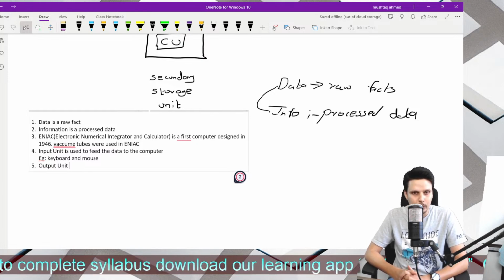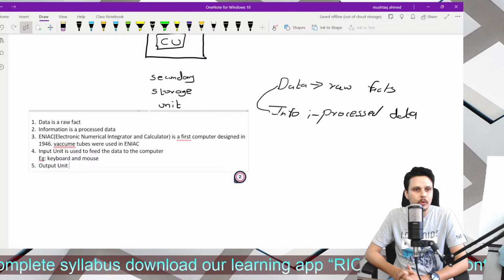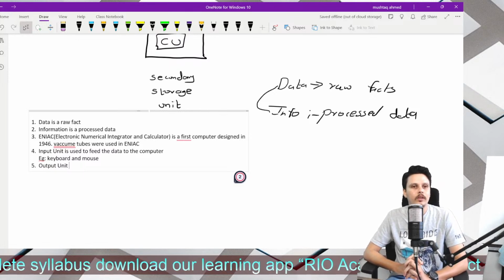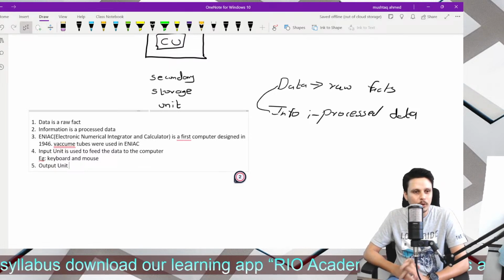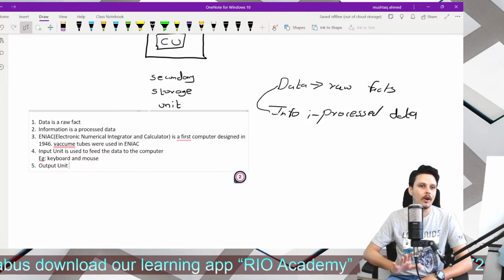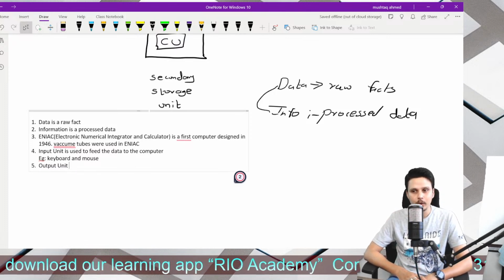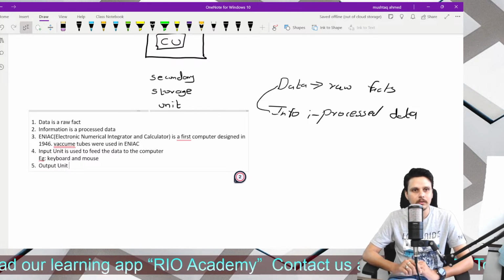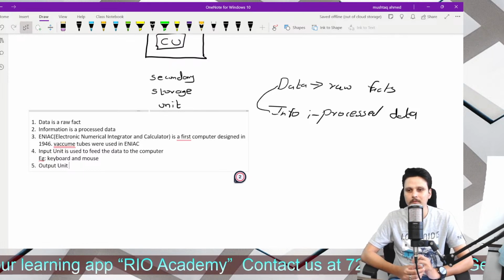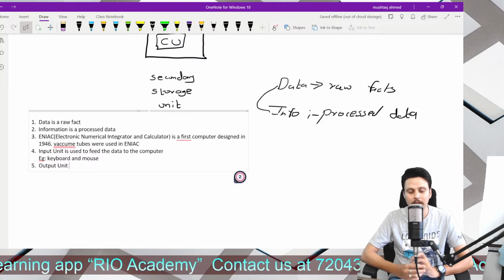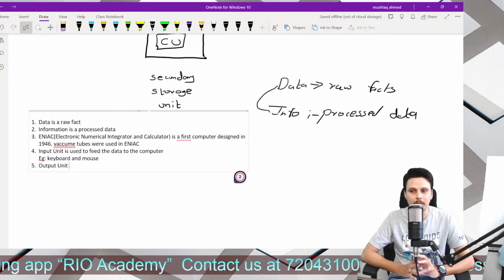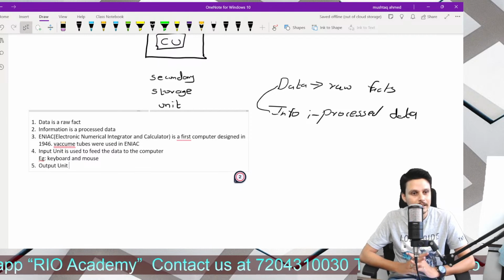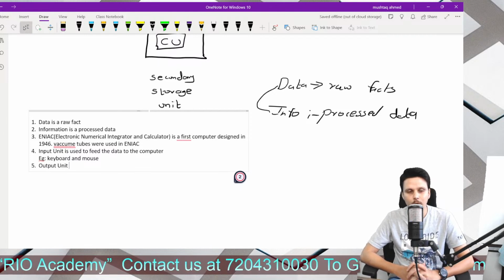Output unit is a unit which is used to show the data or display the data to the users. So can you tell some examples? These are the questions you will get in your exam. Just understand it generally.